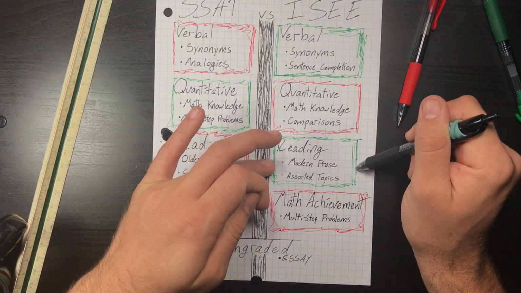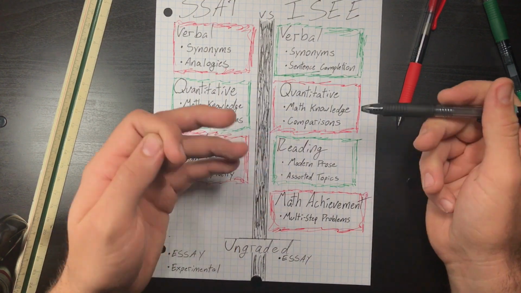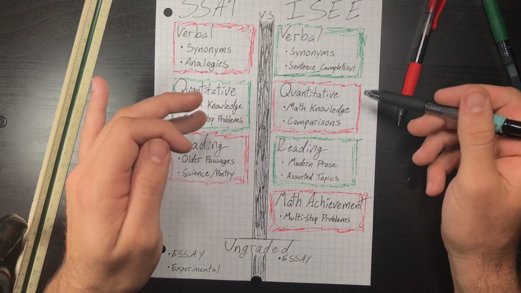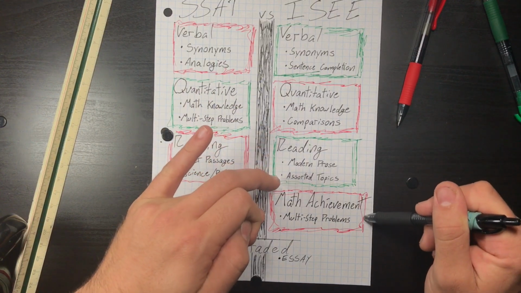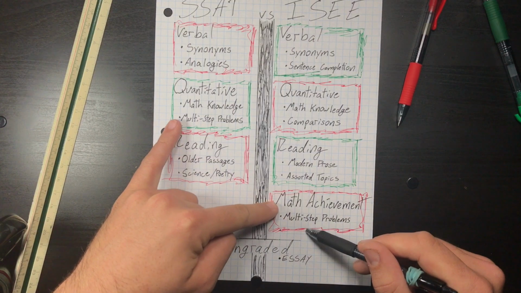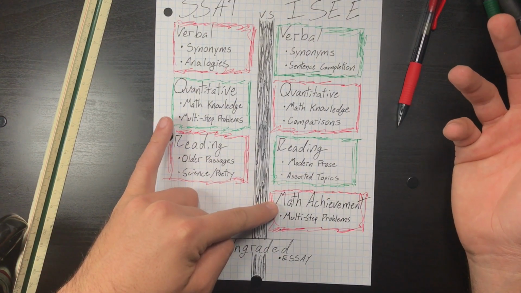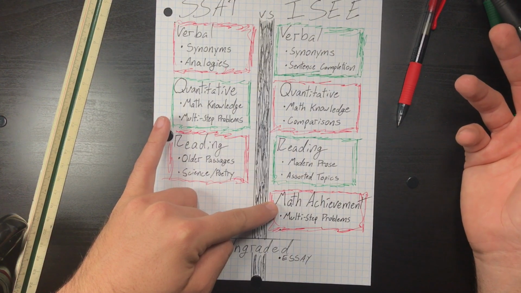The ISEE is a little bit better for people who are not as experienced or not as confident with their reading comprehension. The ISEE then has this extra section called Math Achievement, and this has the multi-step problems like the quantitative section on the SSAT. You'll have problems where they give you the radius and have you find the circumference or the area.